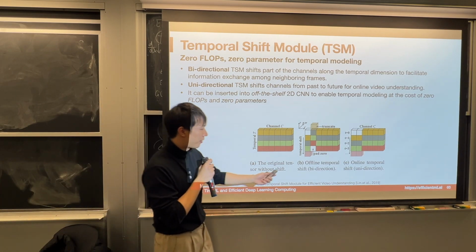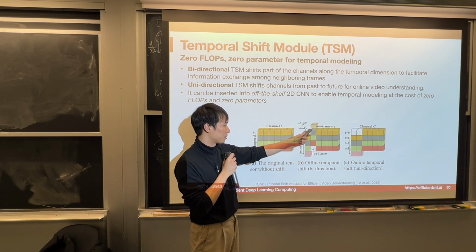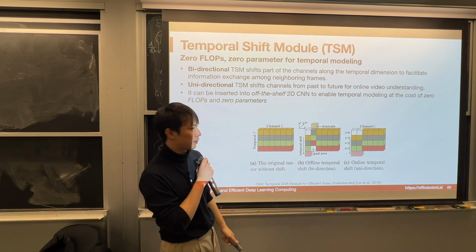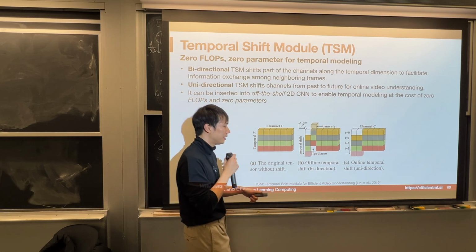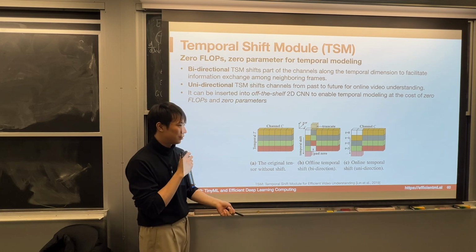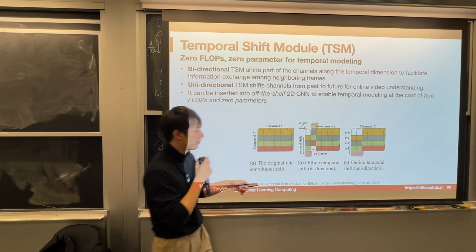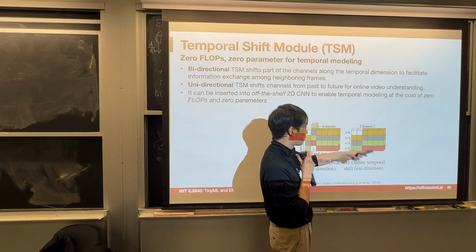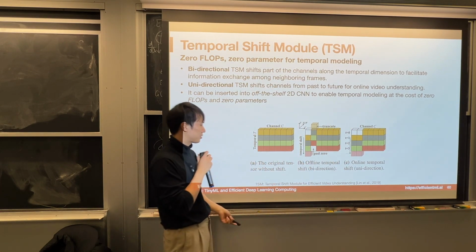Of course, this is offline video processing where we already have the future frames, so we can shift bidirectionally, similar to a BERT model where you have attention bidirectionally. In some cases, when we do online video recognition, we are performing modeling on streaming video. We only have the history frames, but not future frames, so we simply shift from past to future, but not the other direction.